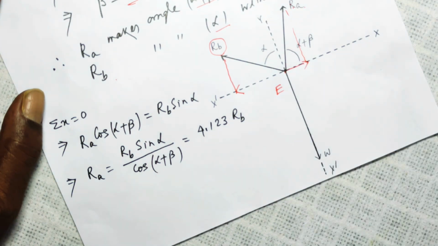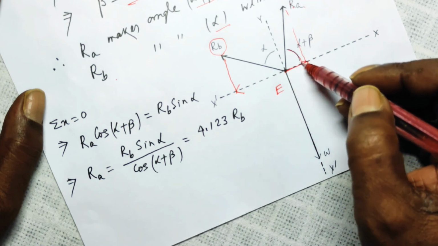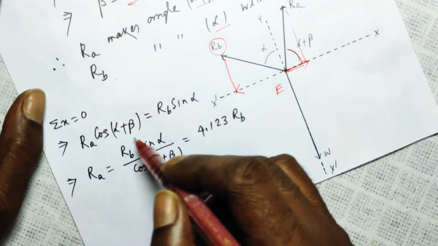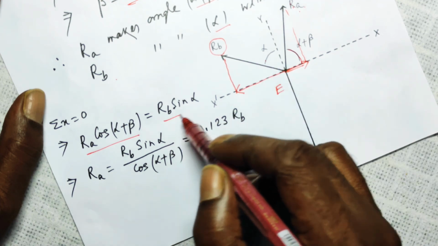And if their magnitudes are equal, they will cancel because they are already opposite. So RA times cos of alpha plus beta, this angle being alpha plus beta, is equal to RB times sin alpha.